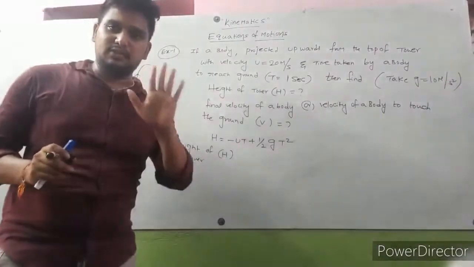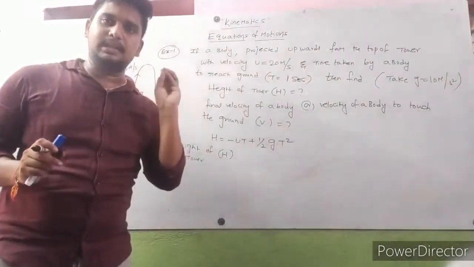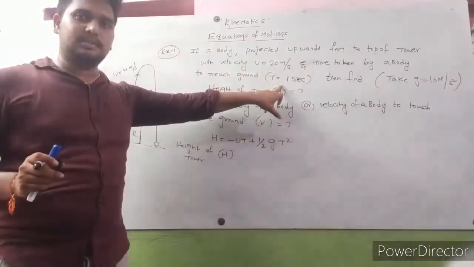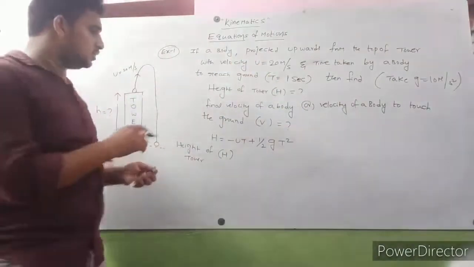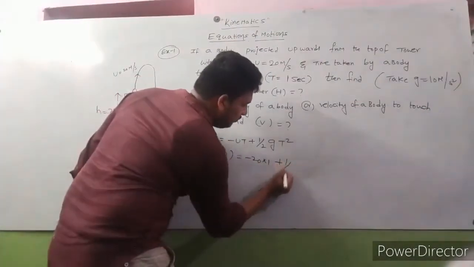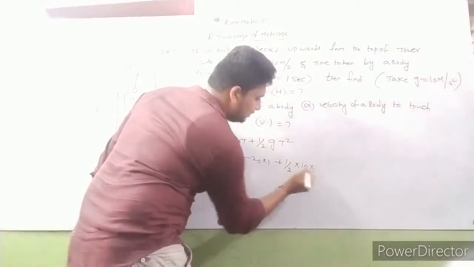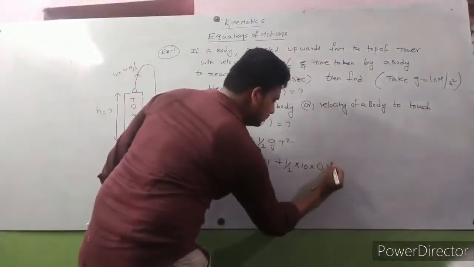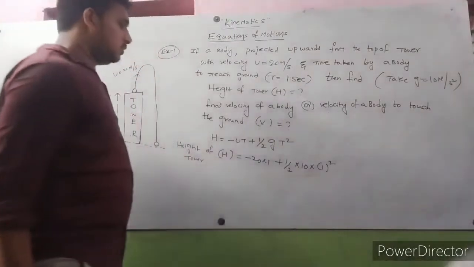Please don't get confused, friends. Simple thing: initial velocity is 20 meter per second, time of flight is 1 second, I consider. Okay. So from this, minus 20 into 1 plus half into g value is 10 into t value is 1 second, 1 whole square.